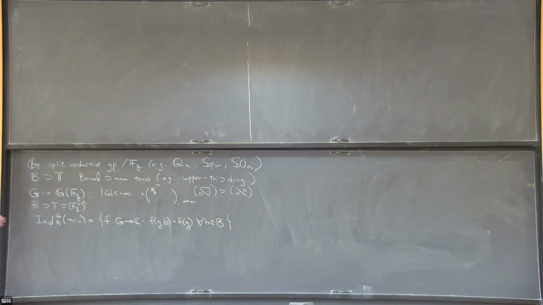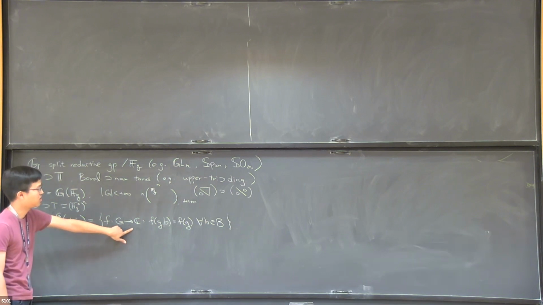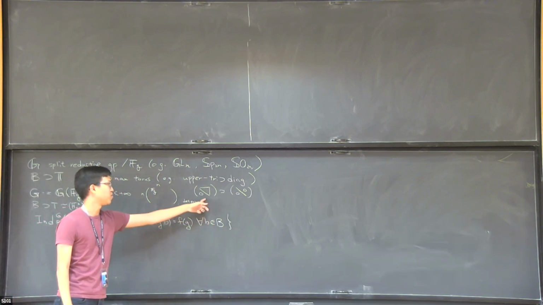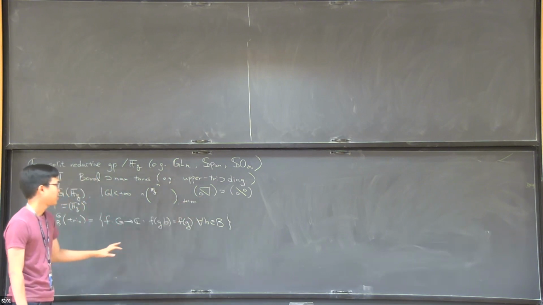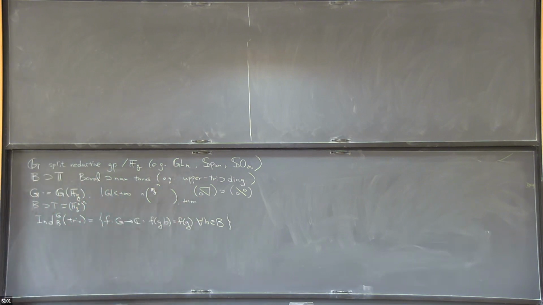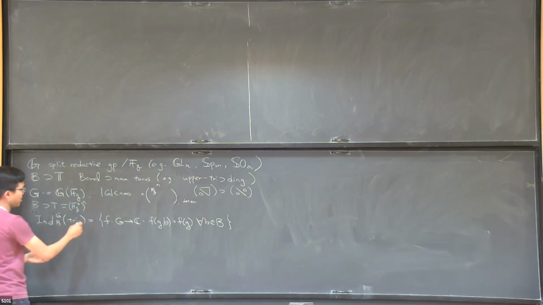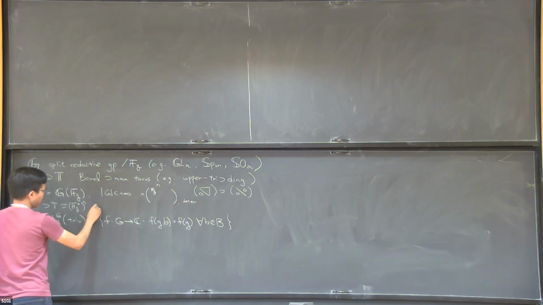So you can view this representation as functions on G such that when you right multiply by an element in the Borel, the function remains unchanged. And since G acts on G by left translation, it acts on this space.